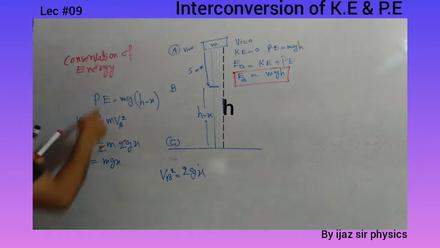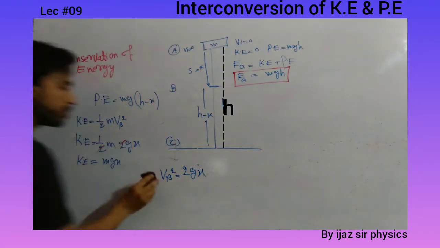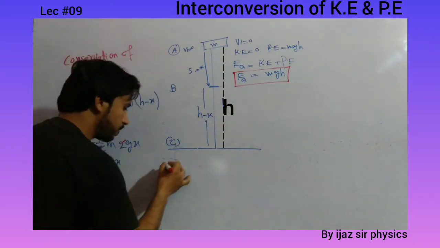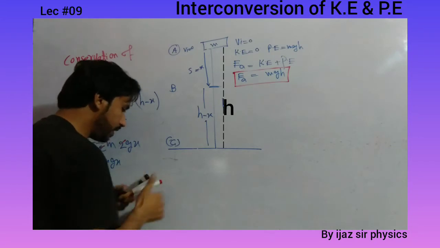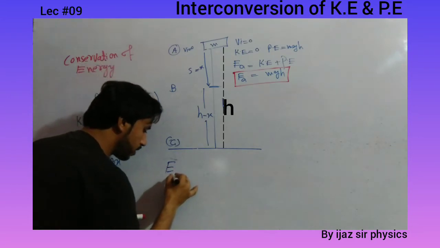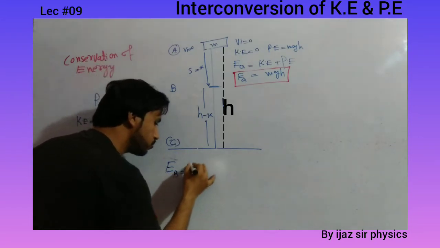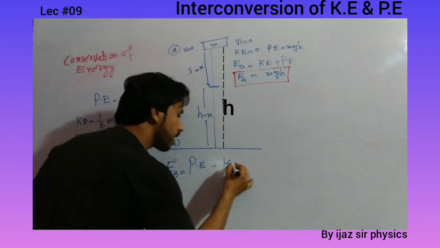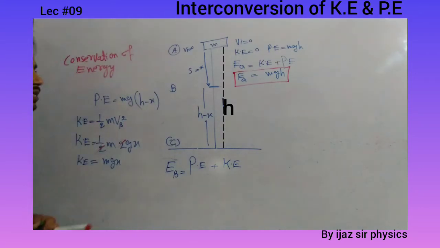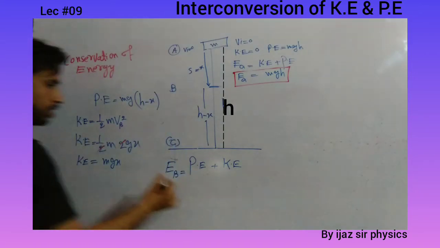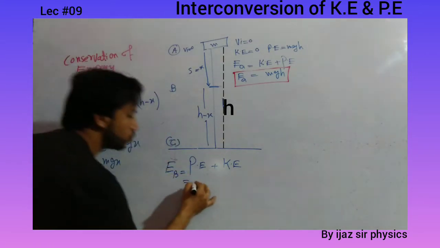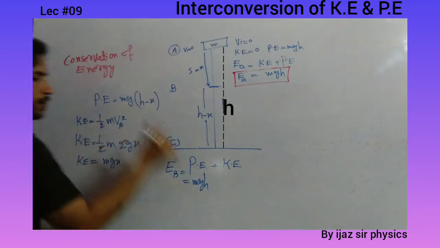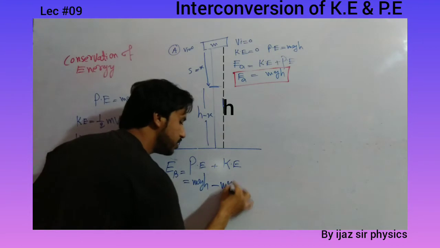Now total energy is the sum of kinetic energy and potential energy. See here, total energy at position B is equal to the sum of potential energy plus kinetic energy. The potential energy is mgh minus mgx.